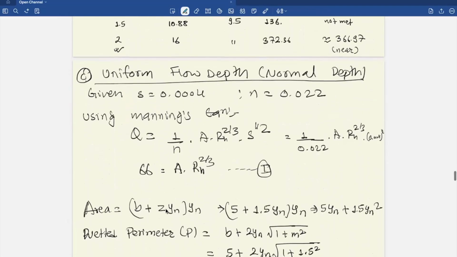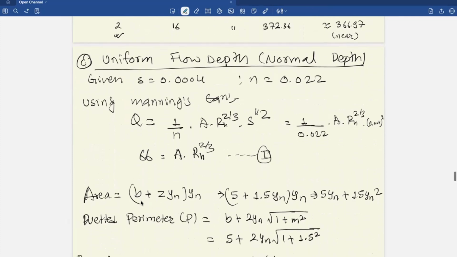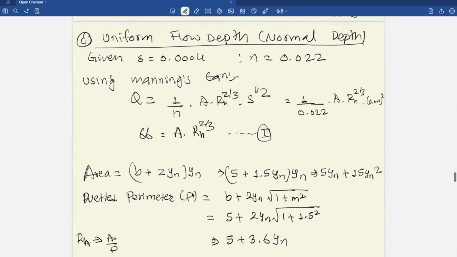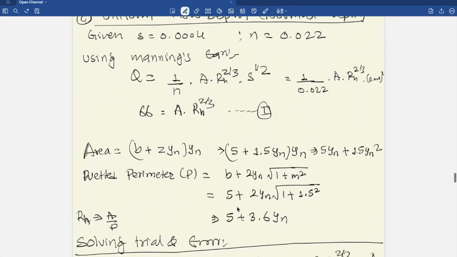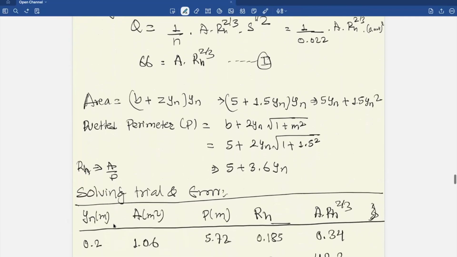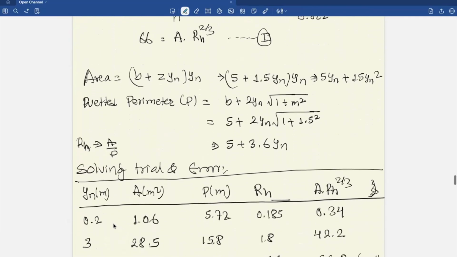We can compute area. For the area of the trapezoidal channel, it will be (B plus z yn) times yn, and our wetted perimeter will be B plus 2 yn root under 1 plus m square. Since we have area and perimeter, we can compute hydraulic radius, which is A by P, and let us do some trial and error computation.